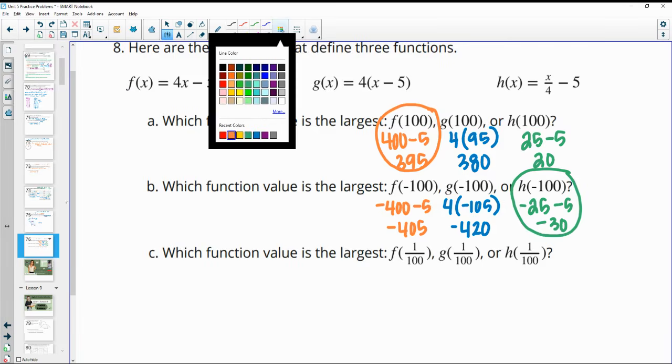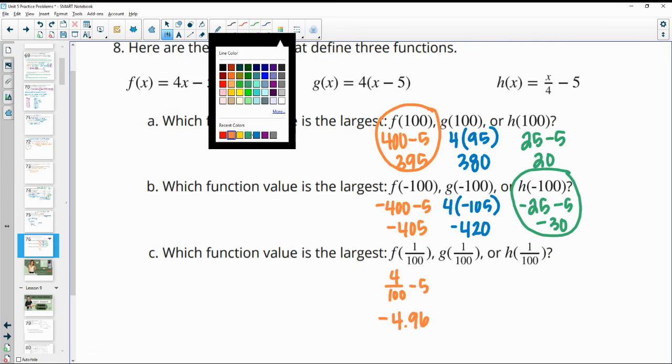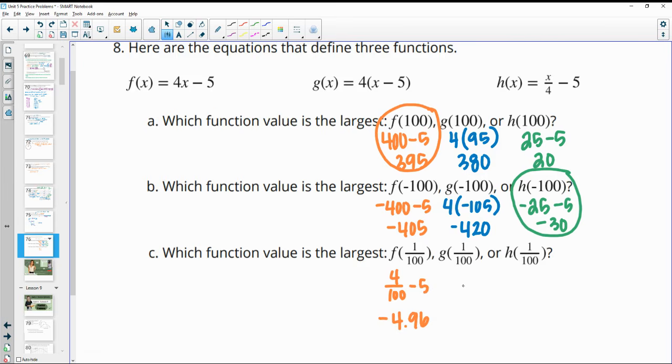And then for part C, plugging in 1 over 100. So if we plug 1 over 100 in, we're going to be at 4 over 100 minus 5, which if you use your calculator is negative 4.96. G of 1/100th is going to be 4 times 1 over 100 minus 5.